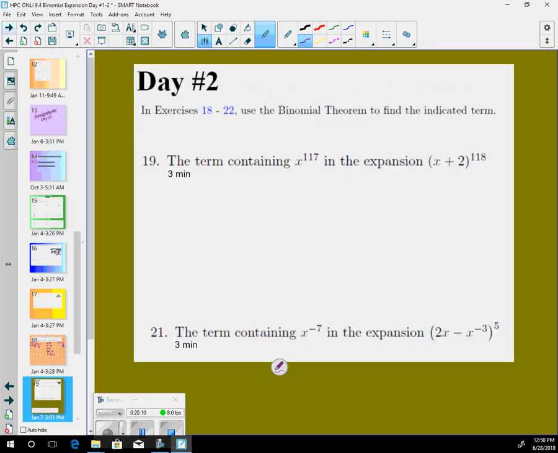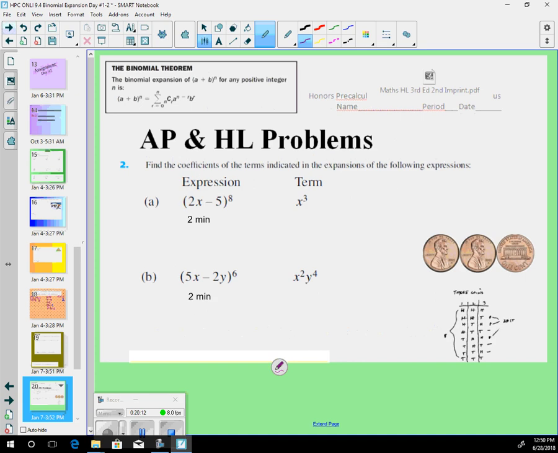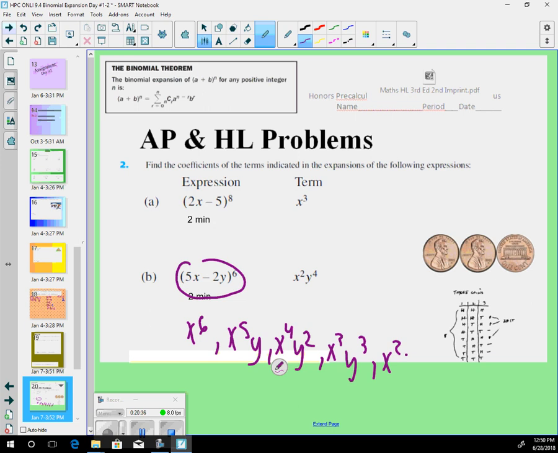So these should go well, and finding the term, you may have to do what I did, like something like this one here to the 6th, you're going to have x to the 6th, then you're going to have x to the 5th, then a y, then x to the 4th, then a y squared, x to the 3rd, then a y cubed. Finally, you'll get an x squared and a y to the 4th. First, second, third, fourth, looks like the 5th term. And then j would be 1 less than that.